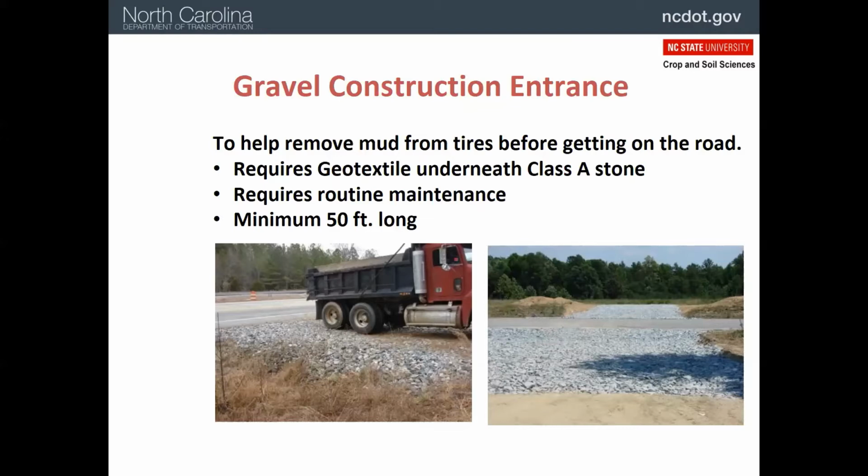So it's constructed of a geotextile laid down on the ground, and then the Class A stone, which is the smaller of the two stones that we talk about, and it requires routine maintenance. So that is, if there is mud that gets collected there, then you have to remove the rocks and the mud and place some more stone there. We want to have it at least 50 feet long, so there's enough time for the tires to rotate and knock that mud off.